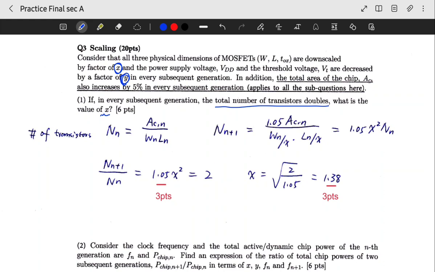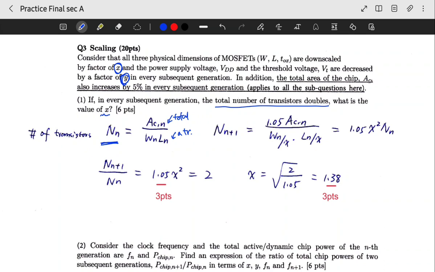So the first thing you need to do is calculate the number of transistors. We denote it as N, N is equal to the total area divided by the area of a transistor. So width times L, the length, is the transistor. So you divide by that, you will get the total number of transistors.